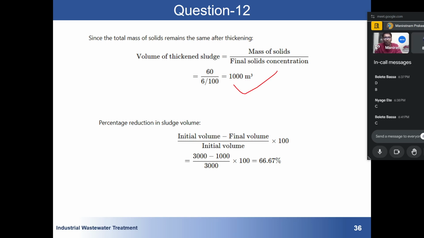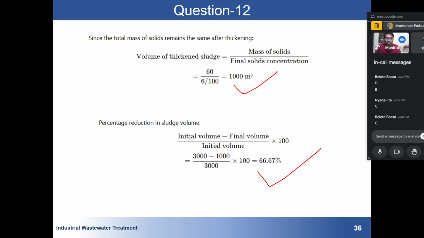1000 meter cube. So this will be my first answer, and the percentage reduction will be simple. Initial volume 3000, final volume 1000, so 3000 minus 1000 divided by 3000, that is 66.6%. So this much of the volume has been reduced by just removing 2000 meter cube of water.